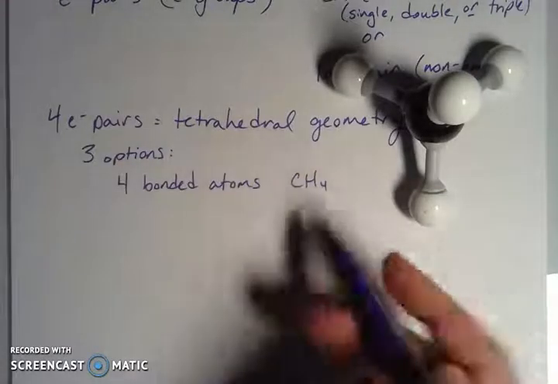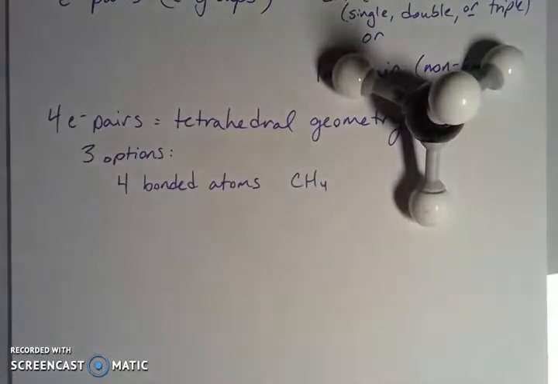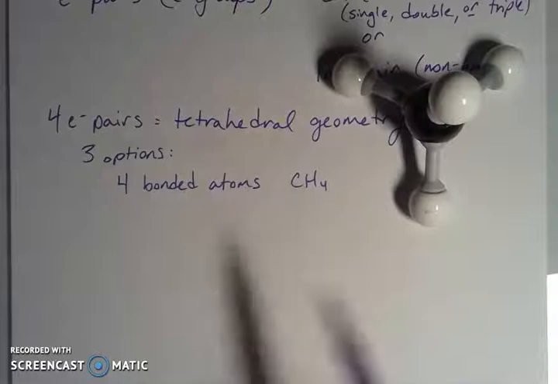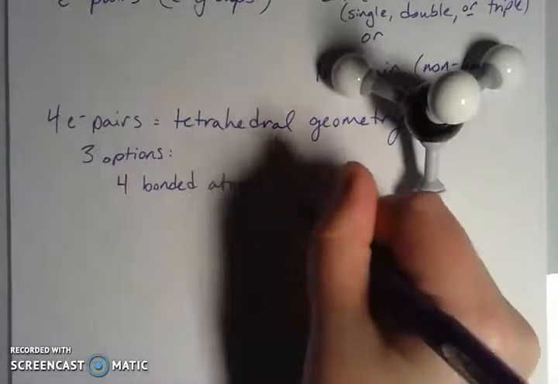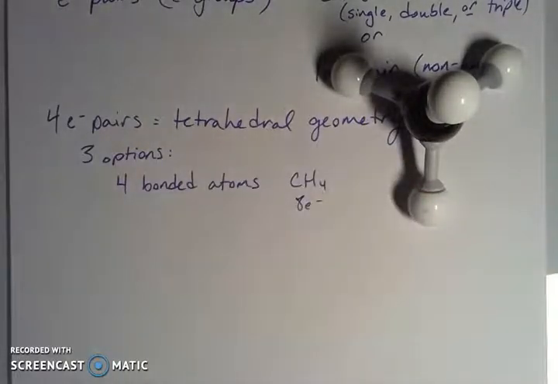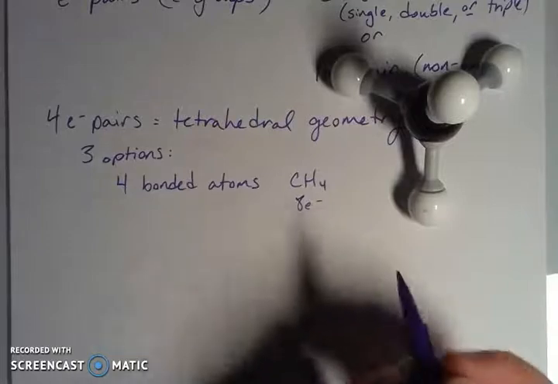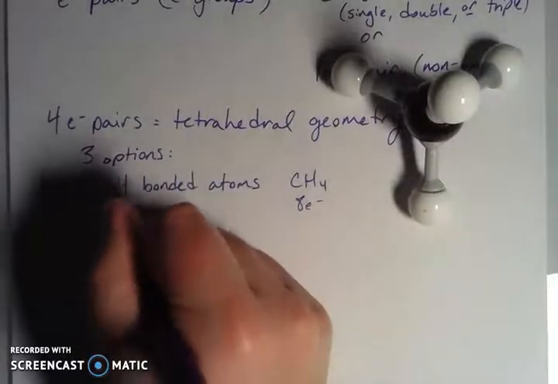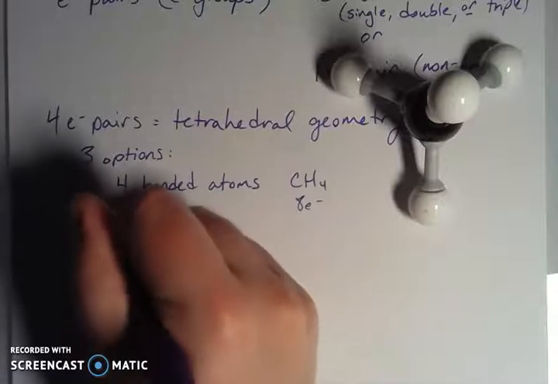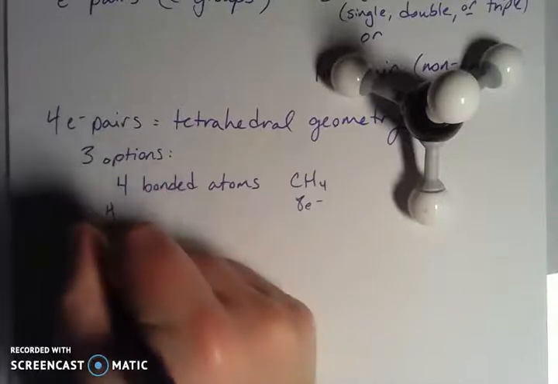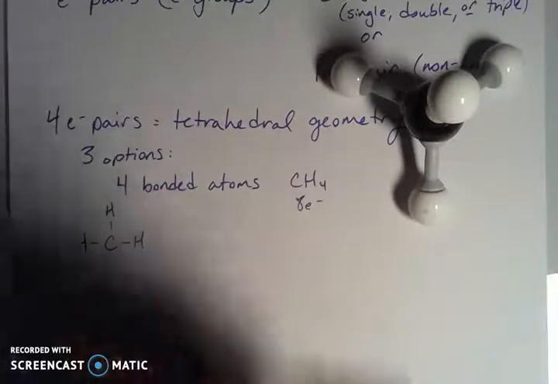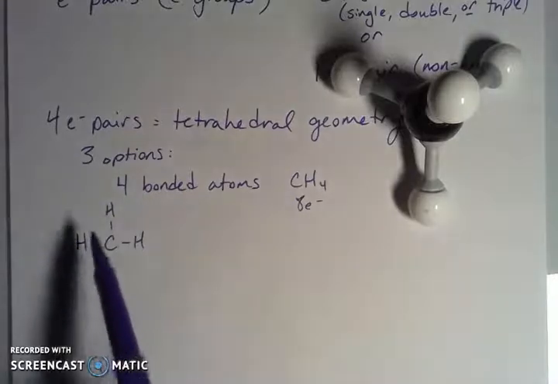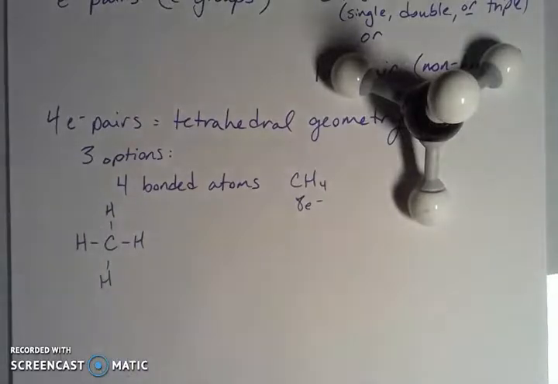And I have my tetrahedral model here as my mascot for this video. So if I look at carbon and 4 hydrogens here, my methane, the total number of valence electrons I have to work with is 8. So you always start off to figure out the geometry of these things by doing the Lewis dot structure. If I look at the Lewis dot structure of methane, then I've used up 2, 4, 6, 8 just by making the skeleton, so I've already used up all my electrons.